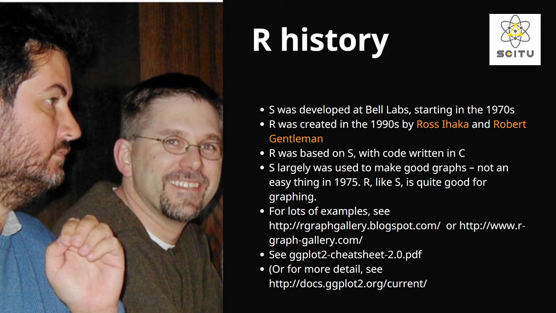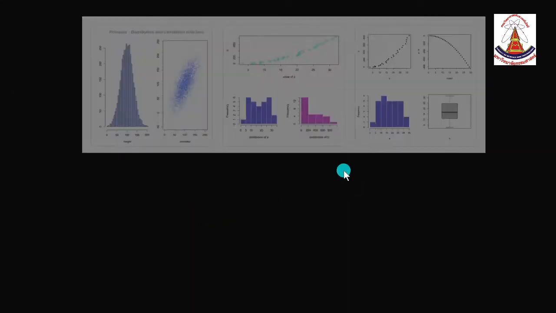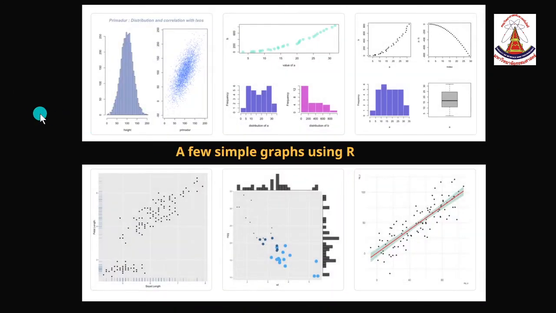R is very good for statistics, for descriptive statistics. Also, you can plot any chart with R. For a lot of examples, you can see many websites they share. This is an example for us.